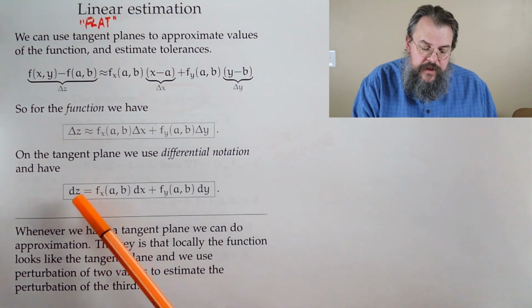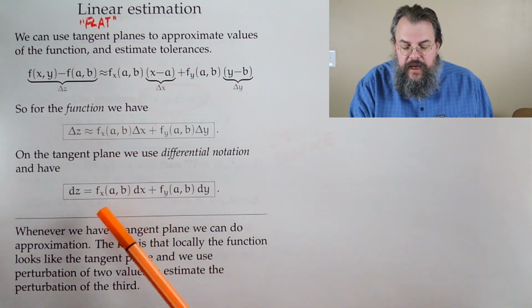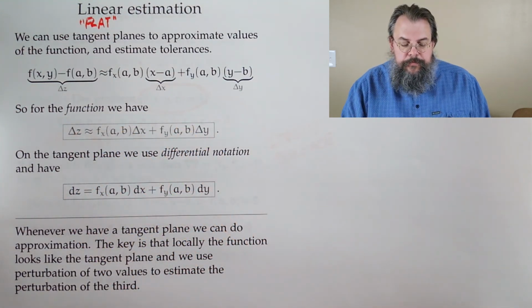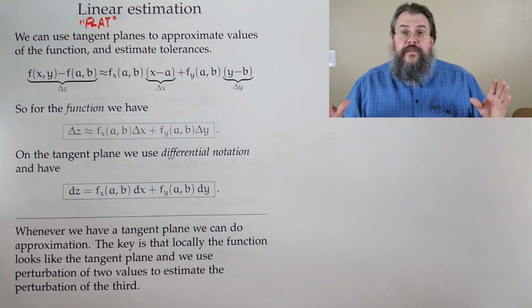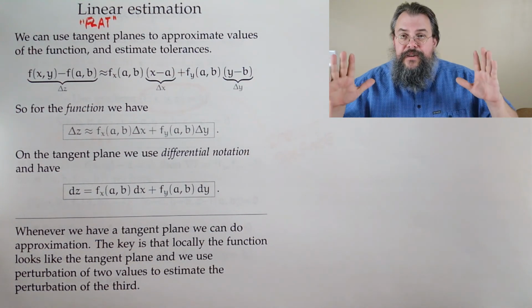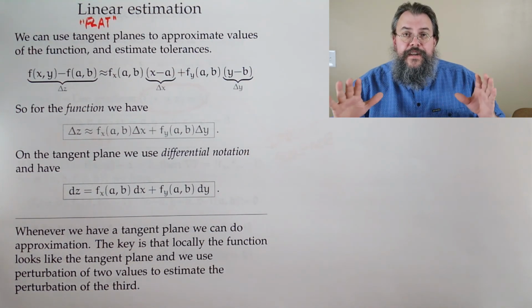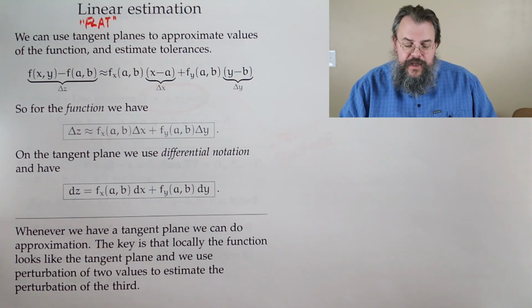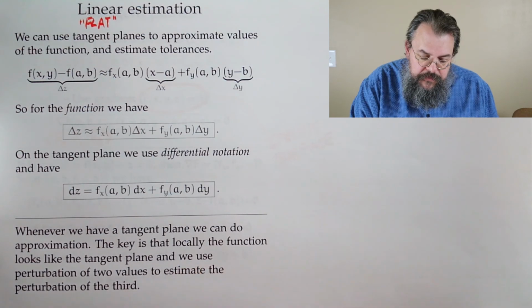So that's where the dz notation comes from: dz is f sub x dx plus f sub y dy. And the moral here is, if I have the plane, I can use my plane to approximate, and I can replace a complicated computation by a simple computation. Use the plane.